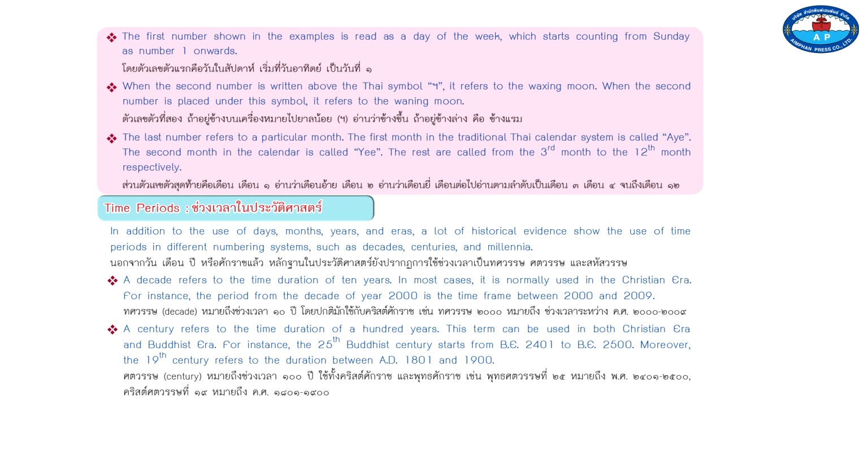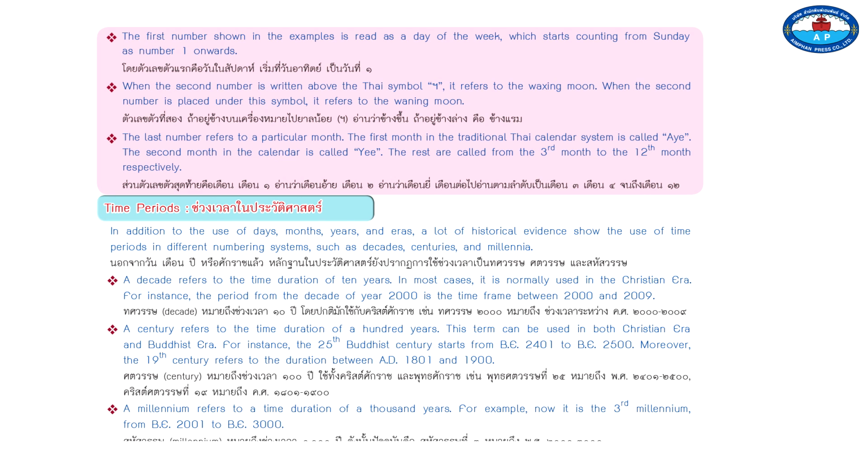Moreover, the 19th century refers to the duration between AD 1801 and 1900. A millennium refers to a time duration of 1,000 years. For example, now it is the 3rd millennium from BE 2001 to BE 3000.